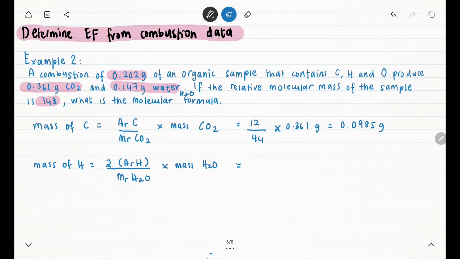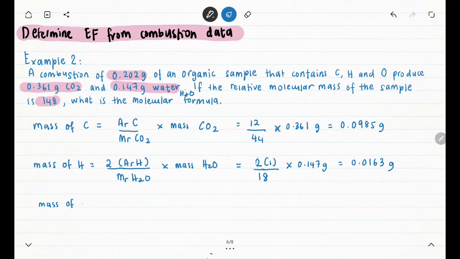So you will get 2 times 1 equals 2, because inside water we have 2 atoms of hydrogen. And then the molecular mass of water is 18, times the mass of water, 0.147 gram. So you will get the answer 0.0163 gram.